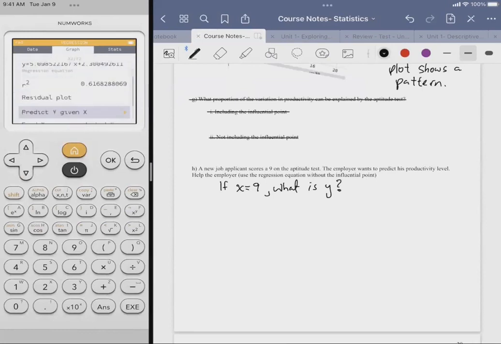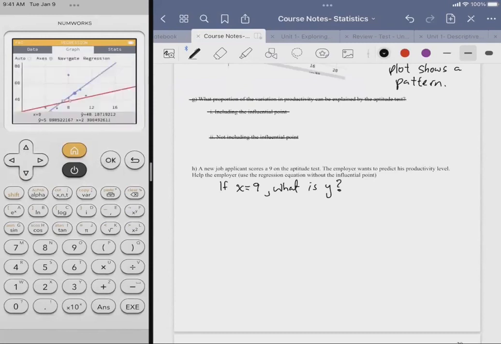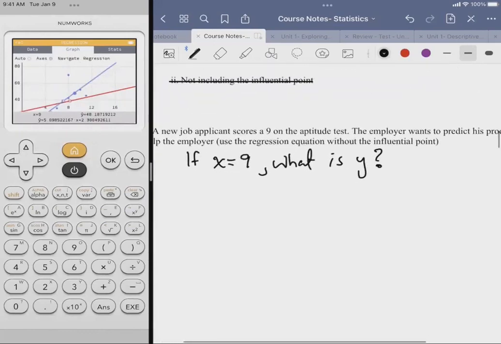Or you can go to predict Y given X, type in, in this case, they want a 9, go to confirm, and it'll tell you the value at the bottom. So when X is 9, Y is equal to, oh geez, I need a new prescription here, 48.187, I think. Yeah.